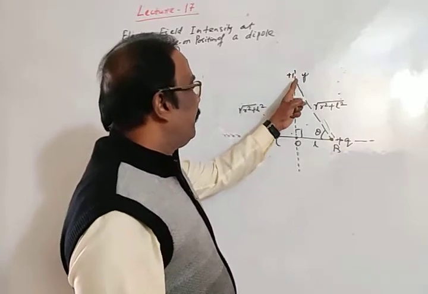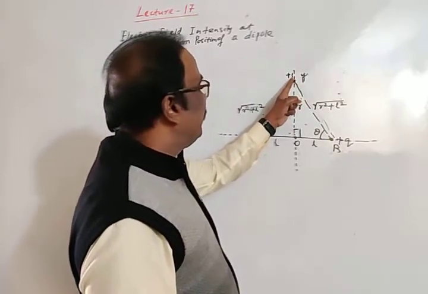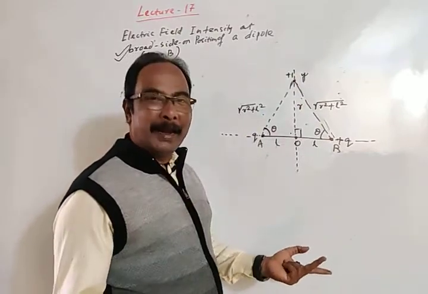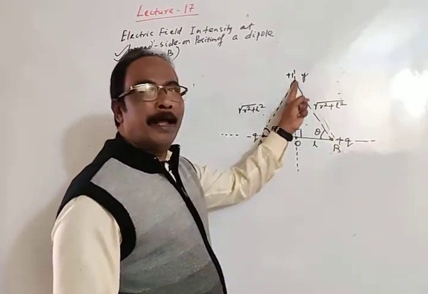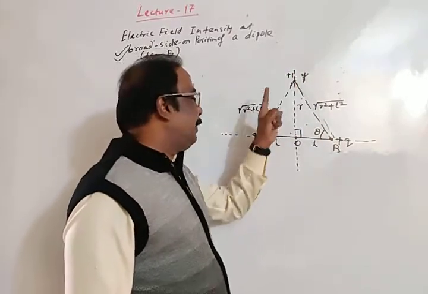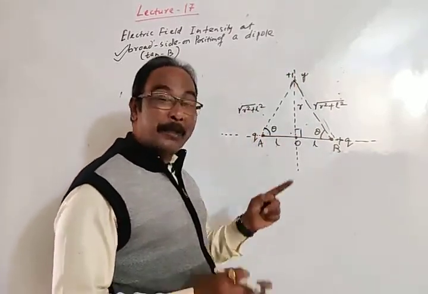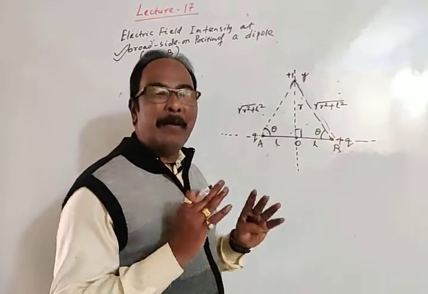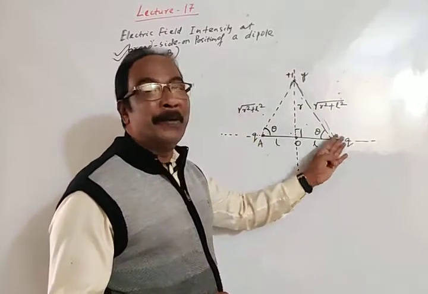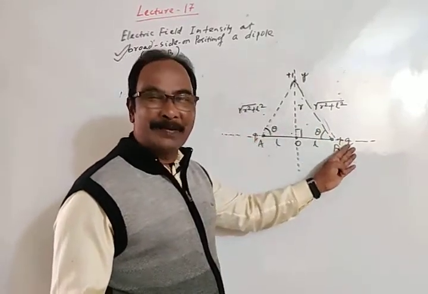Then we place a unit positive charge at point y, where we have to find the electric field. Here at point y there will be an electric field due to plus q, and also due to minus q, meaning at point y we have to find the resultant electric field intensity due to the two equal and opposite charges of the dipole.